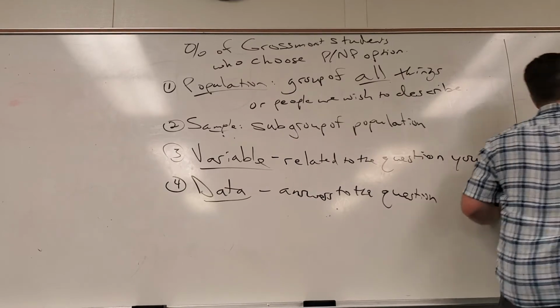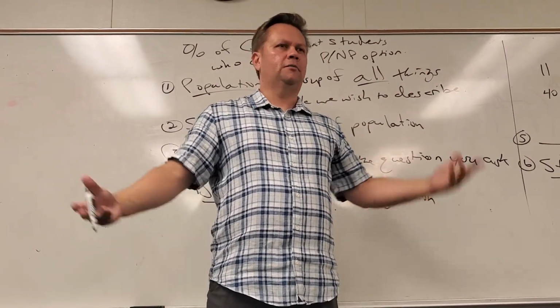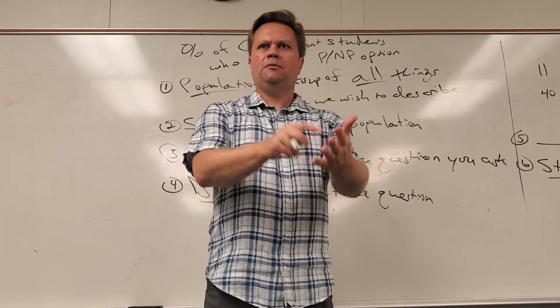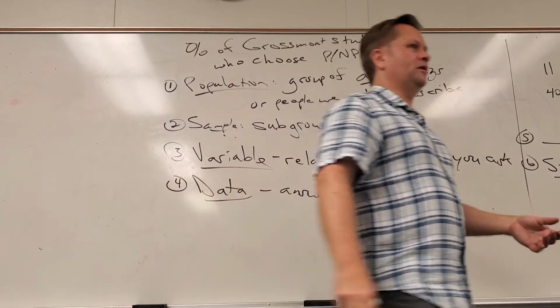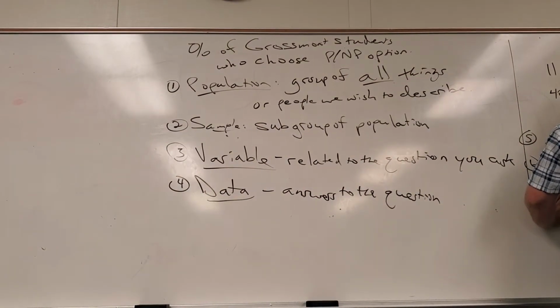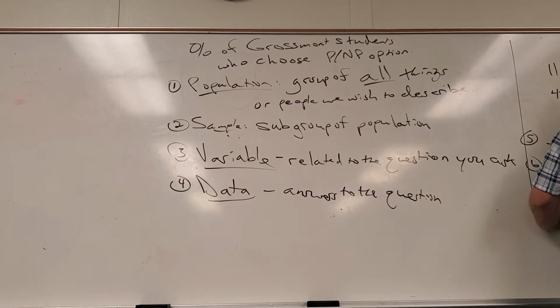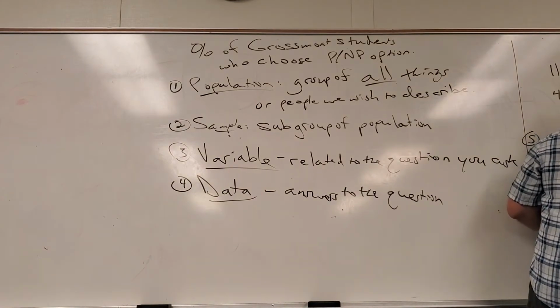Somebody help me out. Can anybody? 11 divided by 51. 21.57. Okay, so 21.57%.